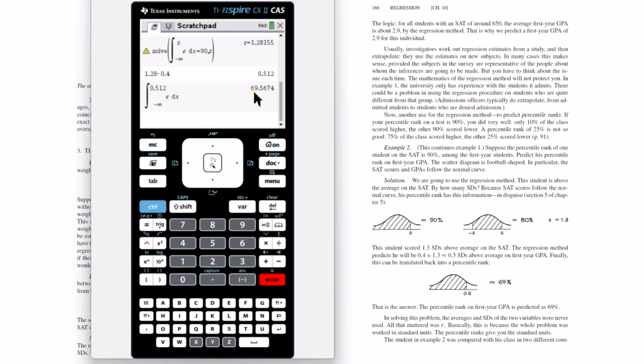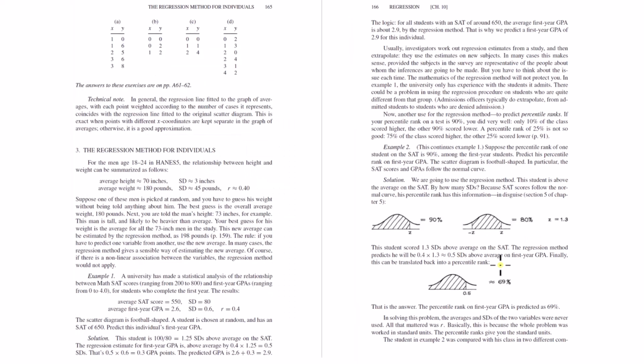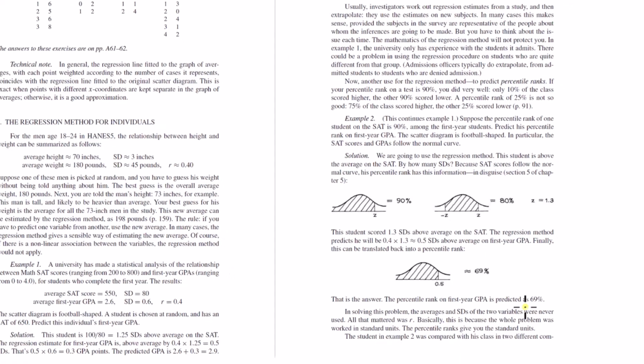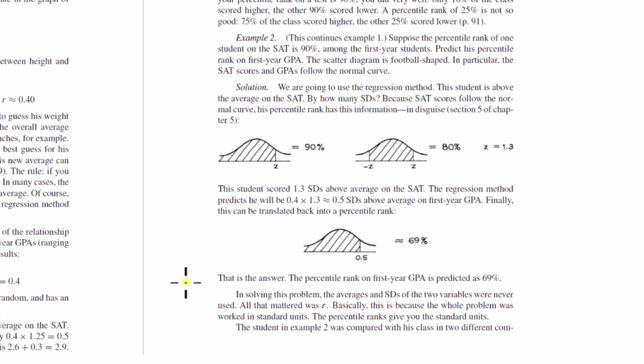So about 69.6%, about 70%. That's the percentile. Okay, and that's what they got, 69%. And so, yeah, it's interesting, we didn't have to know any information about the actual averages or the standard deviations. We could just work straight in percentiles.